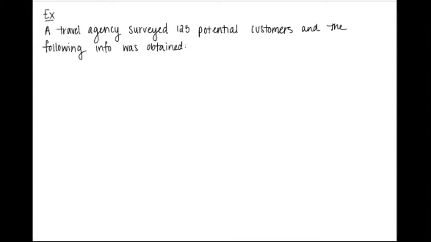So we have people that are willing to go to 3 different places potentially. 68 wanted to travel to Hawaii. 53 would travel to Vegas. 47 would travel to Disney.